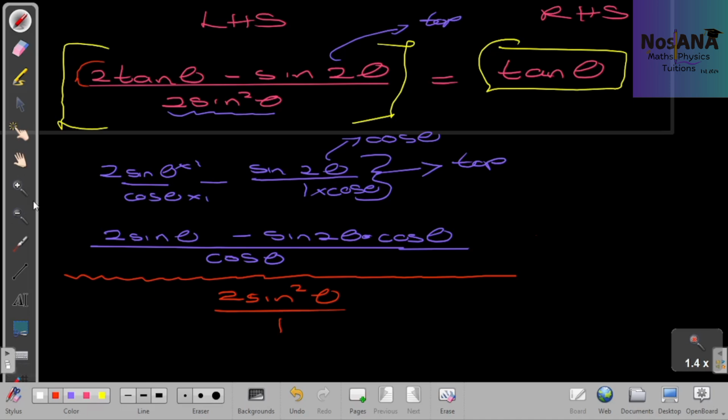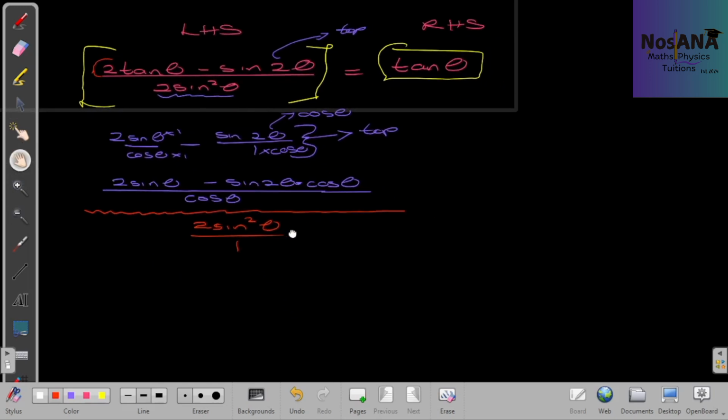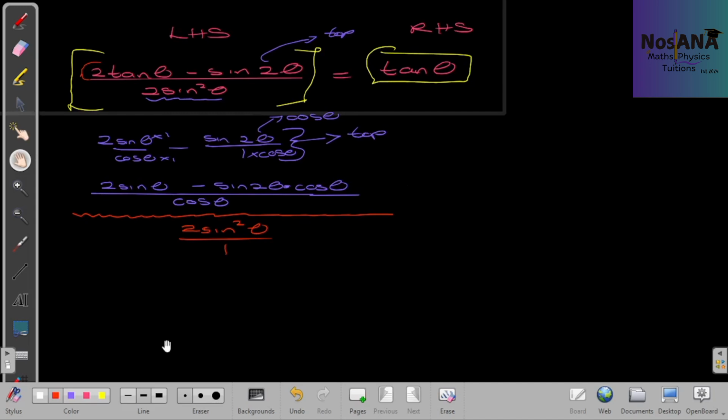In one video that I did, I was showing how to divide a fraction, or how to remove a denominator fraction. We can remove the denominator fraction by multiplying with the reciprocal. It's very simple.